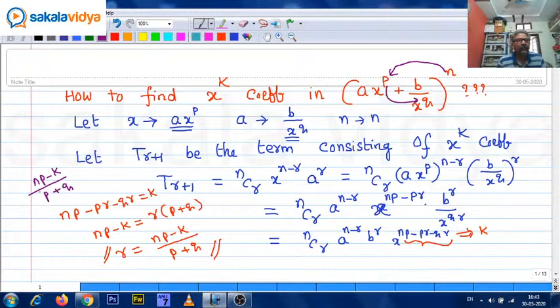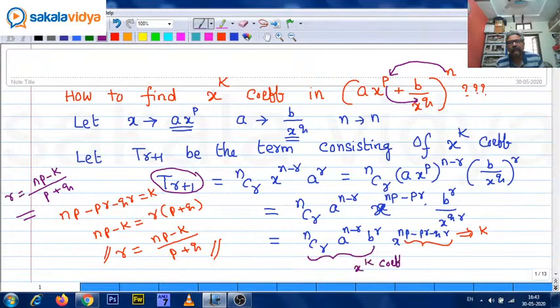So you get the r value. After getting the r value, the term will be decided. If you substitute the r value here, this is the x^k coefficient. Understood now? So in this way we can find it.